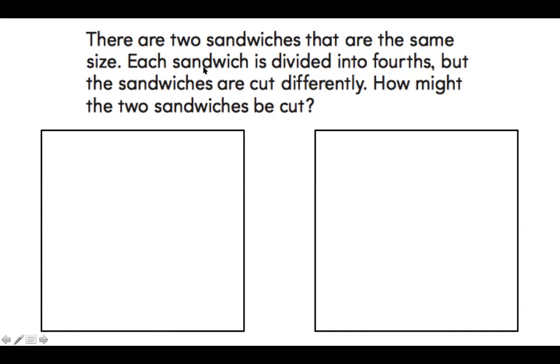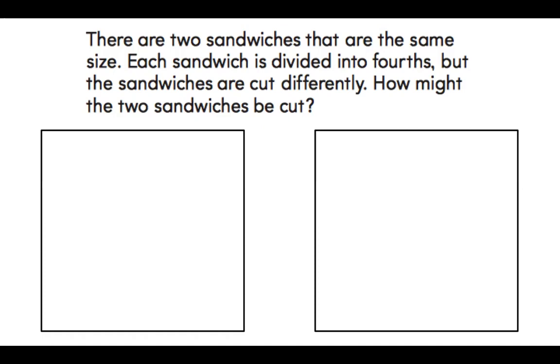So each sandwich is divided into fourths. But the sandwiches are cut differently. Okay, so that means that I have to come up with 2 different ways to cut this sandwich or divide this sandwich into fourths. Well, when I think about fourths, I think about what?